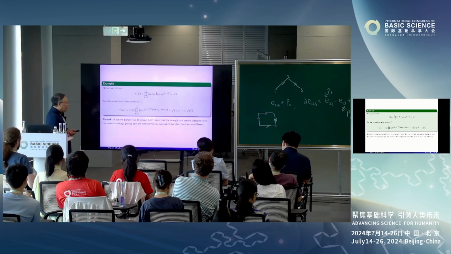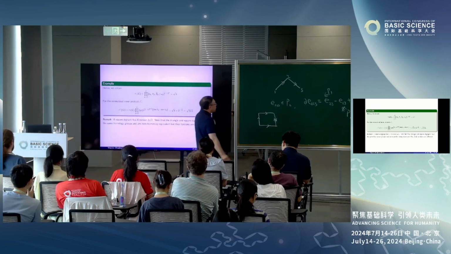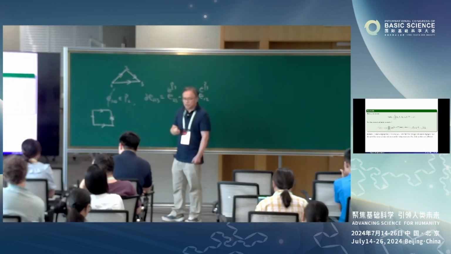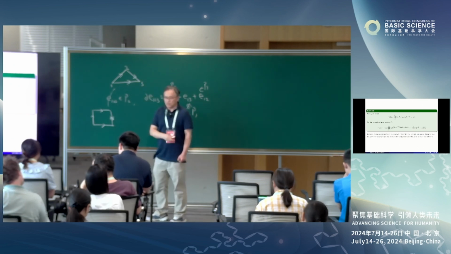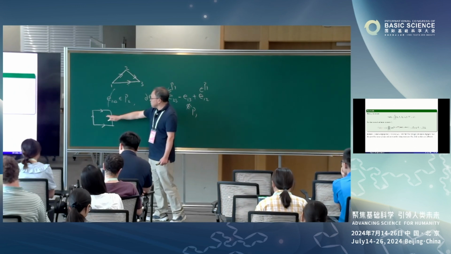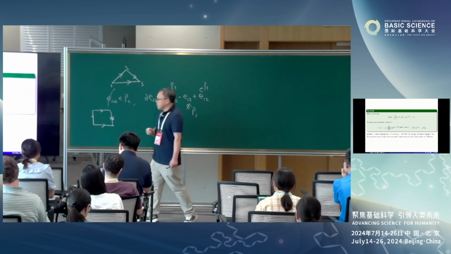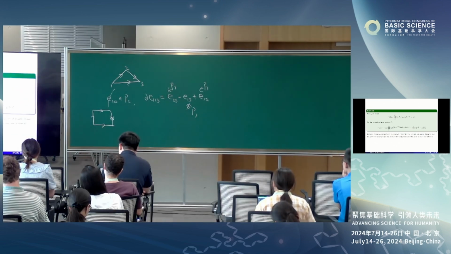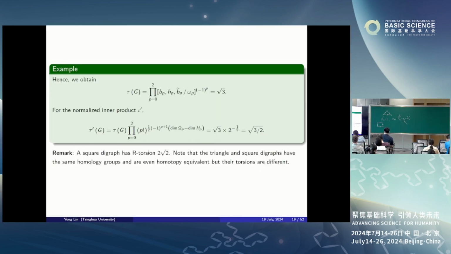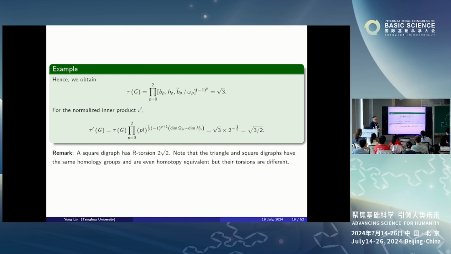For the triangle and the square, these two have the same homology group, and they are even homotopy equivalent. I didn't say much about homotopy, but it's easy to see from the definition that these two are homotopy equivalent. But the torsion is different. This is also the initial idea from Reidemeister. He used this Reidemeister torsion to distinguish different manifolds that have the same homology group and are homotopy equivalent, but whose torsion is different.